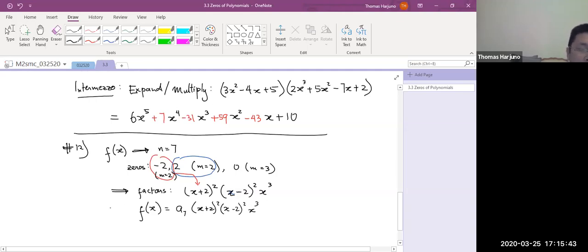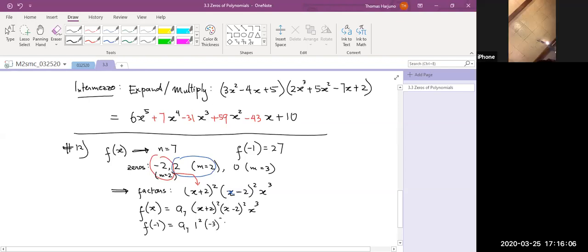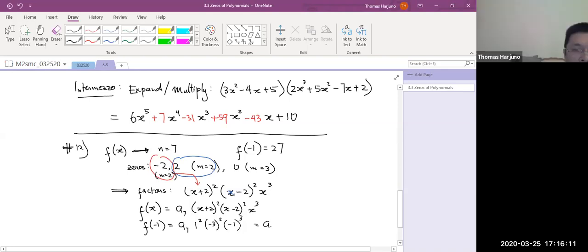Now they have extra information saying that f(negative 1) equals 27. If I plug in negative 1 here, I get a sub 7 times negative 1 plus 2 squared, that's 1 squared, times negative 3 squared, times negative 1 cubed. So that's 1 times 9 times negative 1, which is negative 9.